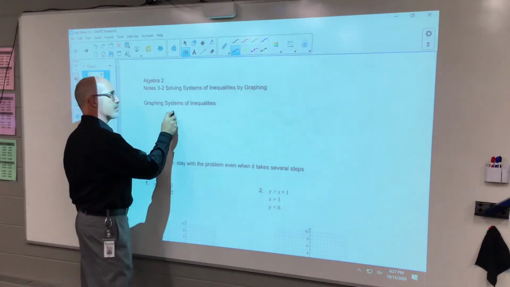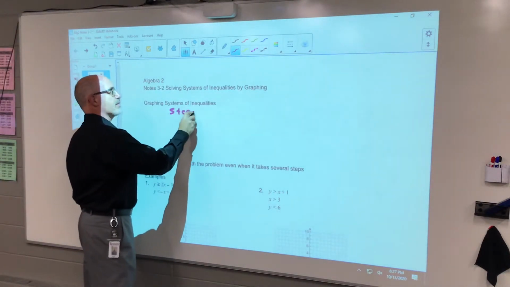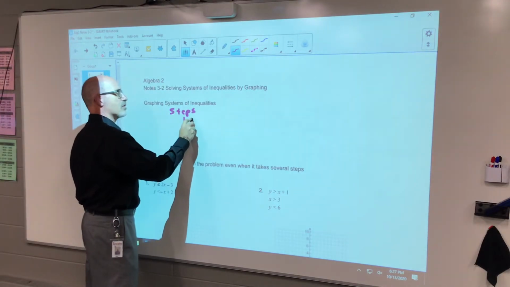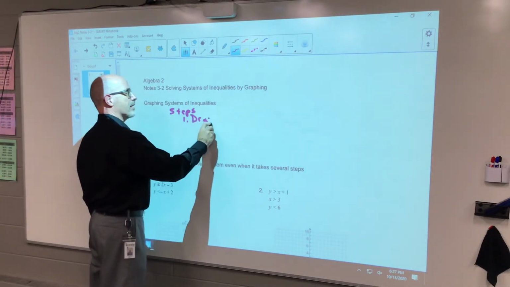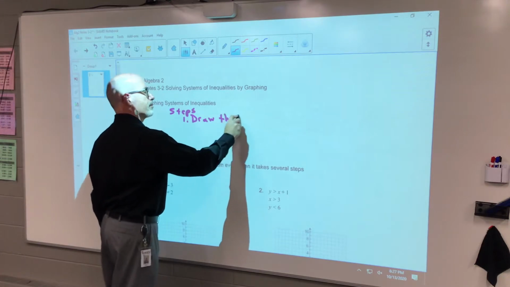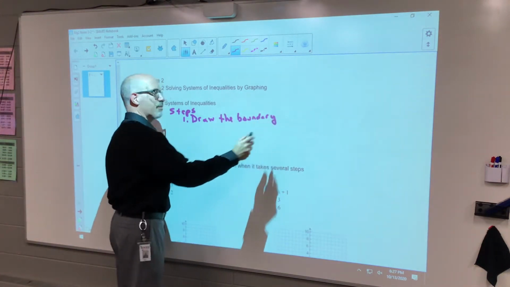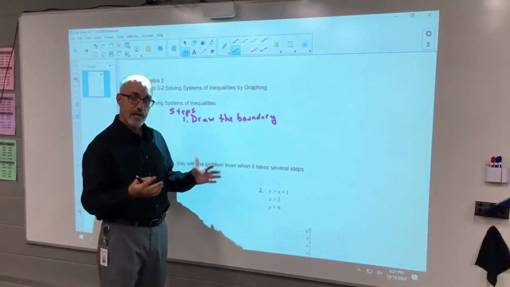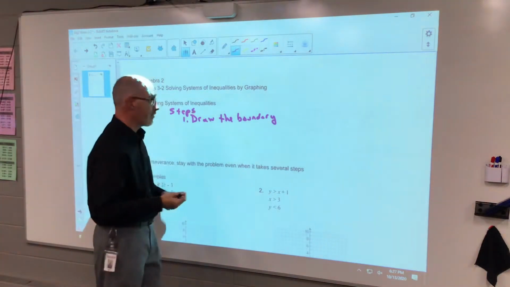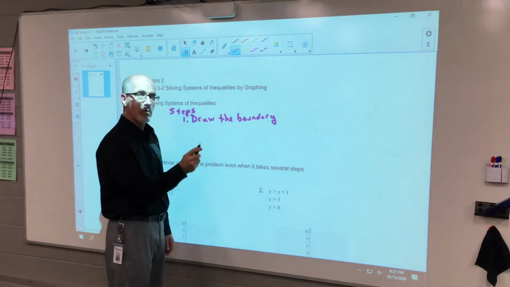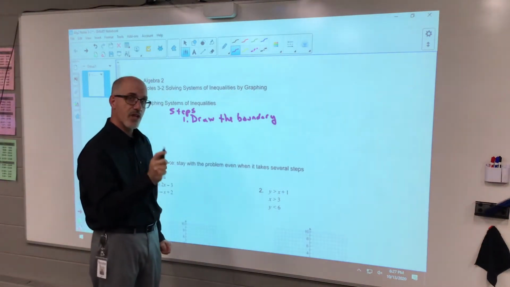first step, so we'll do our steps here, the first step is draw the boundary line. The boundary is going to be the line, or in other cases you could use other functions, but you have to remember whether you're going to make it dotted or solid.